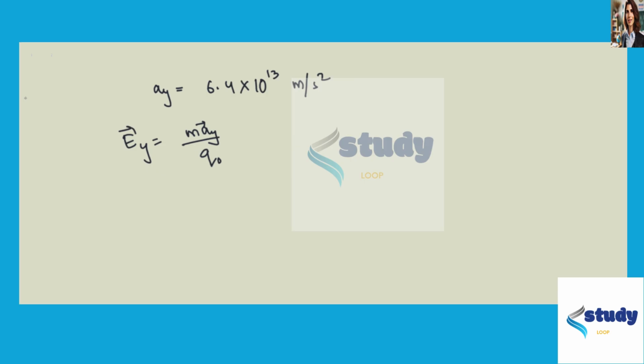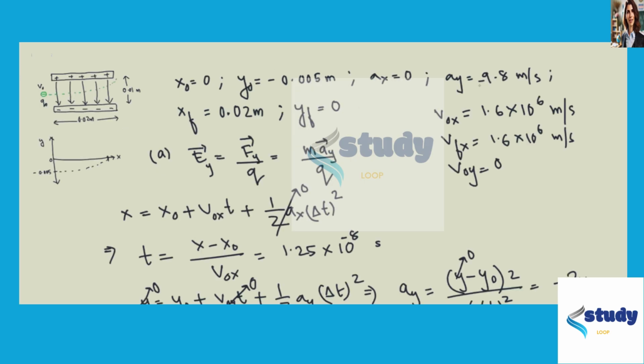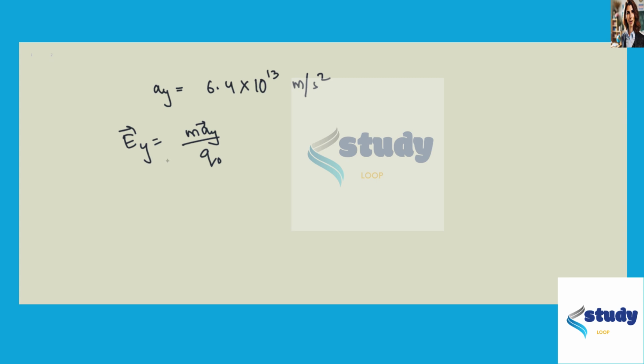Here we are ignoring gravity, and we will account for it in the last part. So we solve this equation and find the electric field to be 364 Newton per Coulomb.